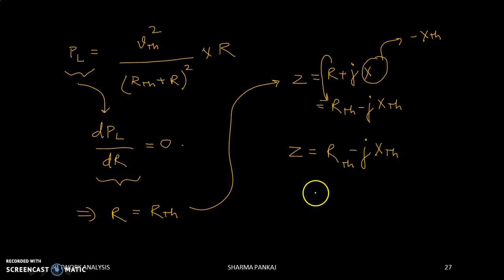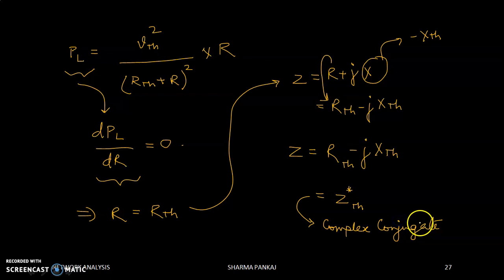This is Z star TH, or Z asterisk TH, which is the complex conjugate of the internal impedance of the circuit.